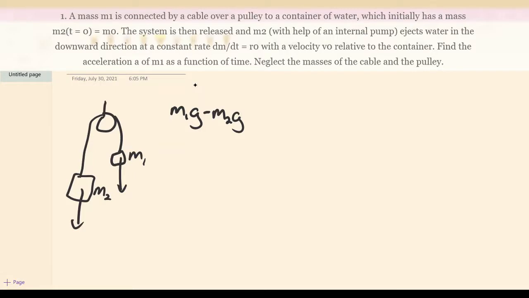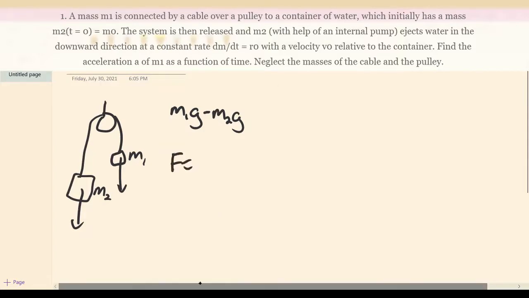So to find this, we can look at it in this way. The force F is dp over dt, where p is the momentum.